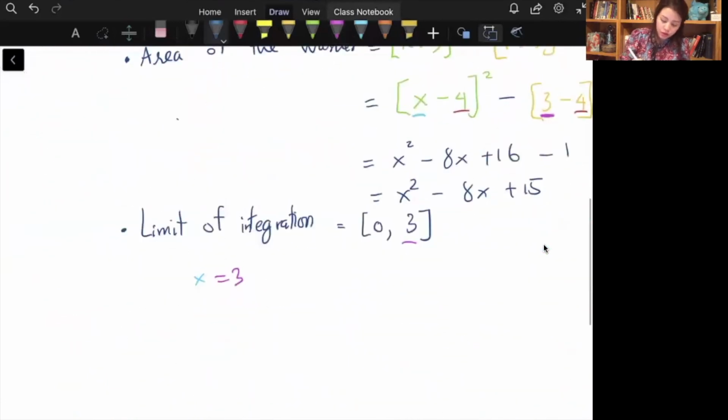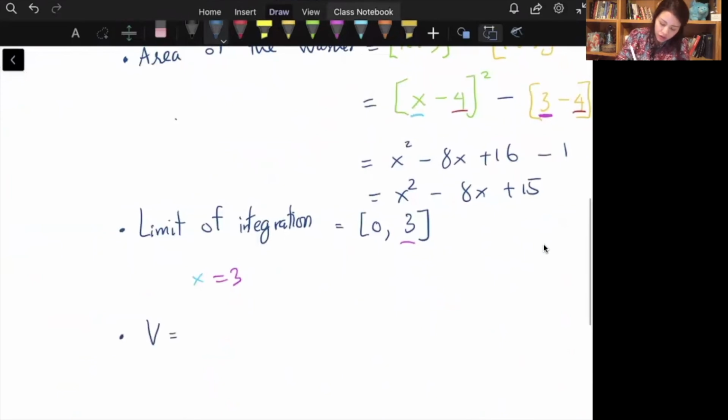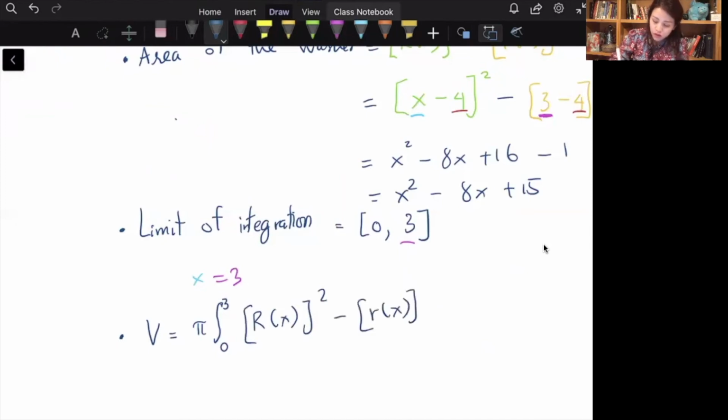So the formula for the volume of a solid of revolution: V equals pi times the integral from 0 to 3 of, let's see, I'm gonna rewrite this for you, big R of x squared minus little r of x squared dx.